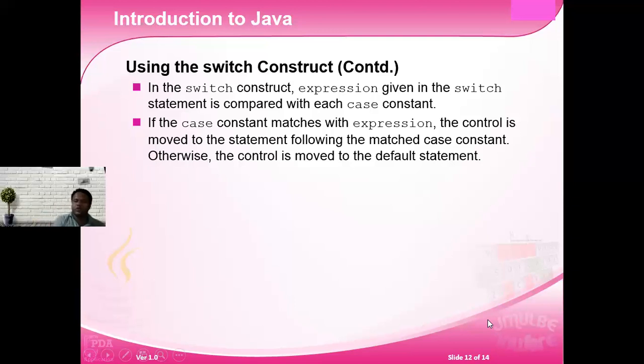So in the switch construct, the expression given in the switch statement is compared with each case statement. A switch contains a parameter where you pass a value, and that value is matched with every case statement. Normally, when you visit a restaurant, it provides you the menu card, and from the menu card you order.